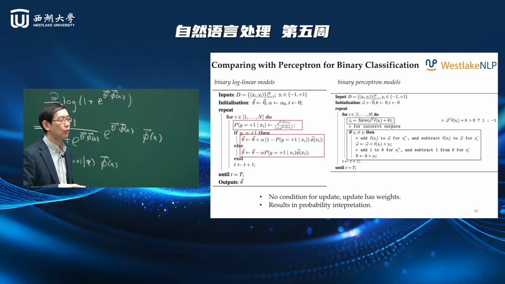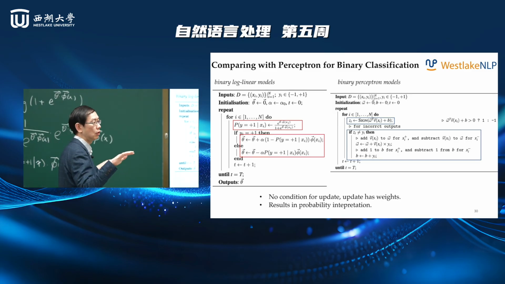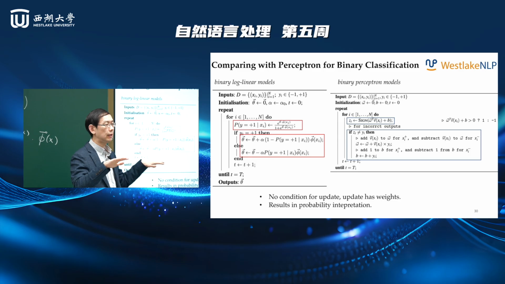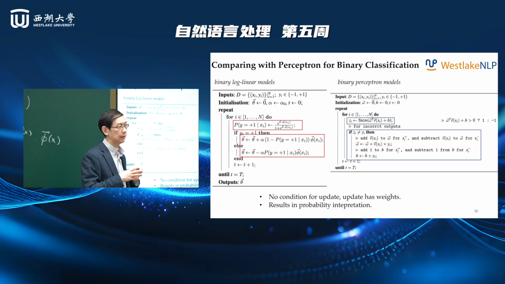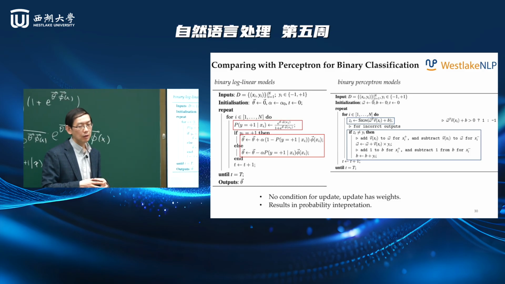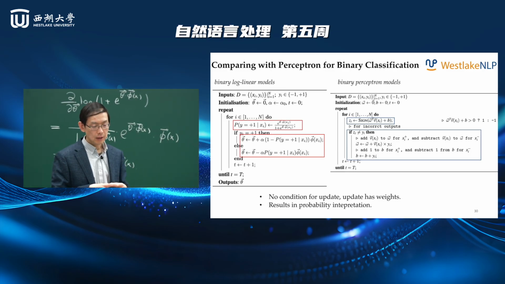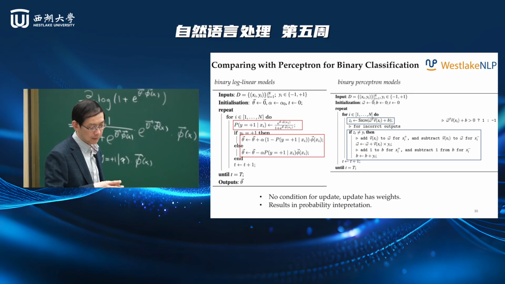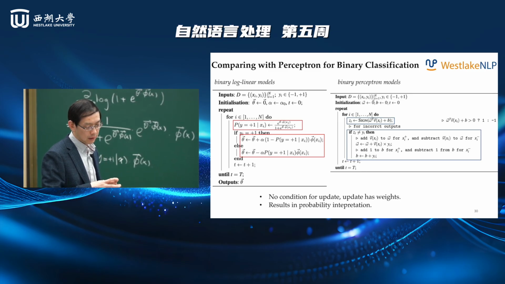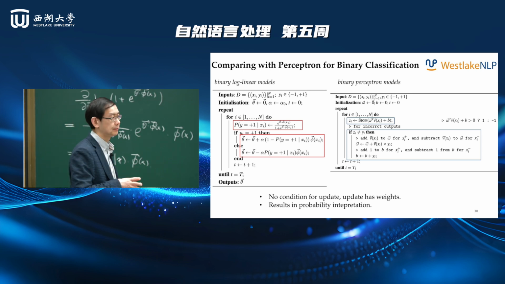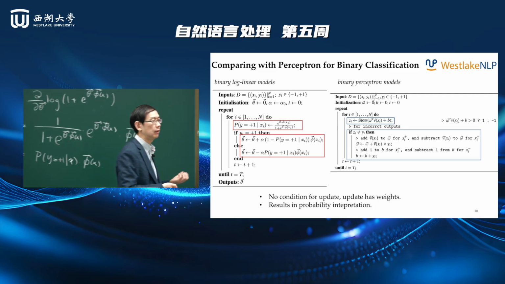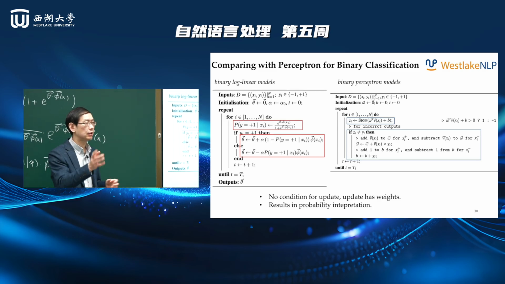So if I initialize the model parameters to all zeros for both, then perceptron and the log linear model, logistic regression, both go through all the training instances over t iterations. This is similar, right? And then for every training instance, they calculate the score of a positive sample and negative sample through theta dot phi.